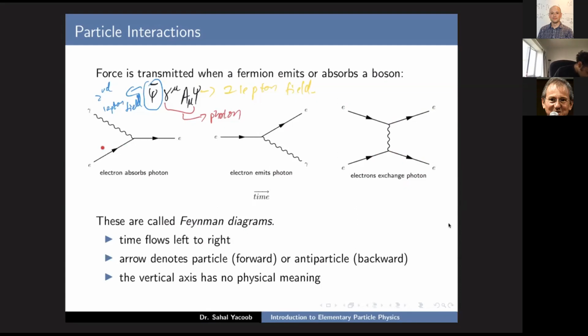And these arrows tell us whether we're looking at a particle or an antiparticle, and that goes all the way back to lecture 1 and our identification of the antiparticle fields as negative energy fields going backwards in time. So that historical idea carries through in the way we draw these lines to identify what's happening.